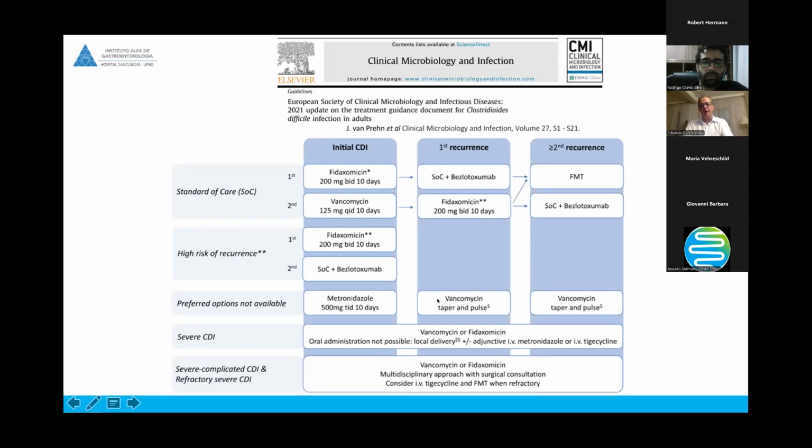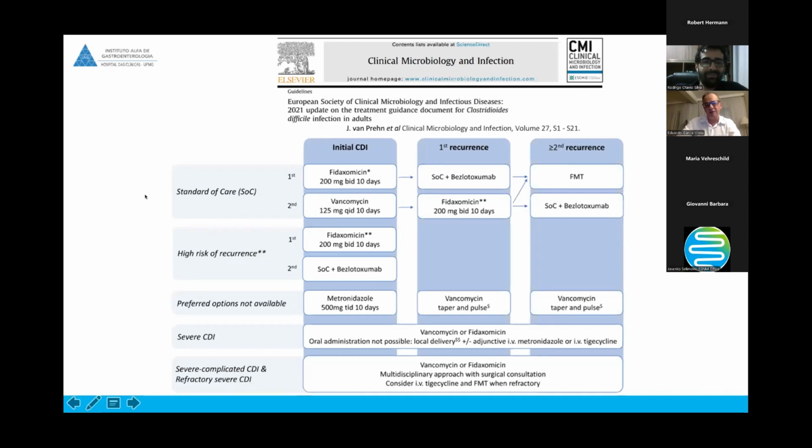For the first recurrence here in Brazil, we have to prescribe vancomycin in a taper and pulse regimen, as we do in the second recurrence too. The fecal microbial transplant is indicated just after we have 3 CDIs in the same patient.